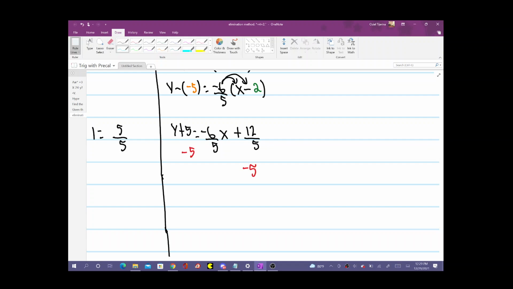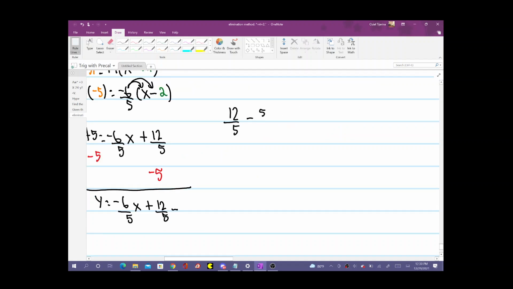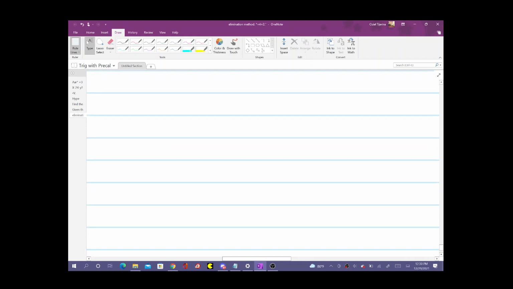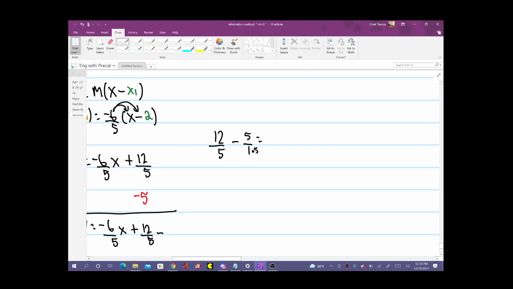You get y equals negative 6/5 x minus, and again, you want the same denominator. 12 over 5 minus 5 over 1 becomes, if we multiply top and bottom, 12 over 5 minus 25 over 5. So this becomes y equals negative 6/5 x minus 13 over 5.